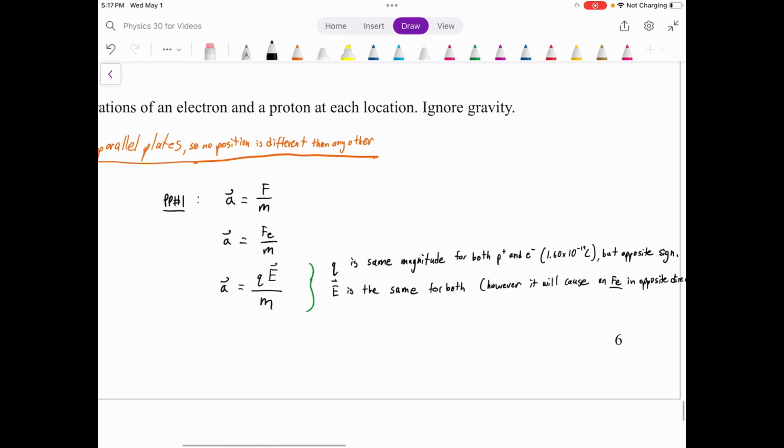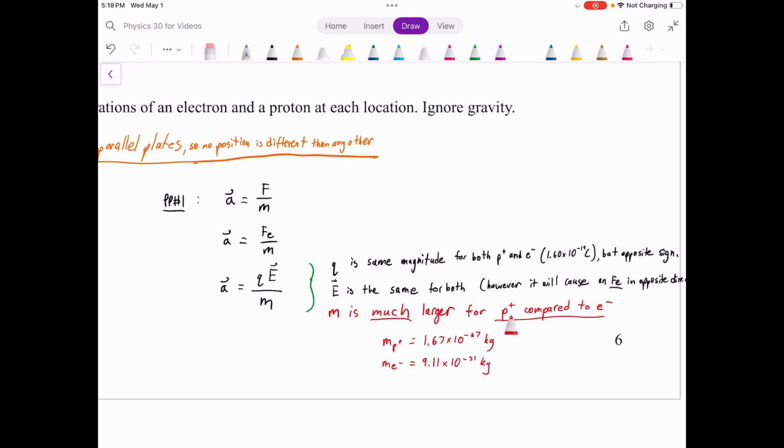And now the last piece of this equation here, as we think about the acceleration of the proton versus the electron, our numerator is the same for both of them, but the denominator is not, right? And so their accelerations will not be the same. M, the mass, is much larger for the proton compared to the electron, right?